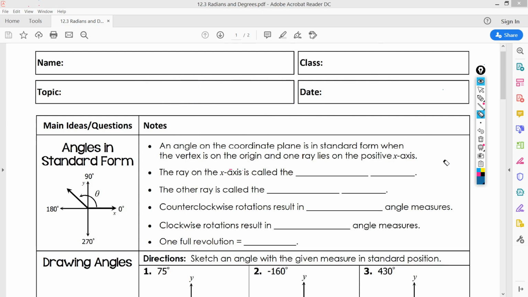Alright, so let's look over here, angles in standard form on the left, and what you see here is a y and x axis, and the axes are labeled in degrees, and it's like we're going around in a circle. So we start at 0 degrees, then as we go around the circle, we go 90 degrees, right?